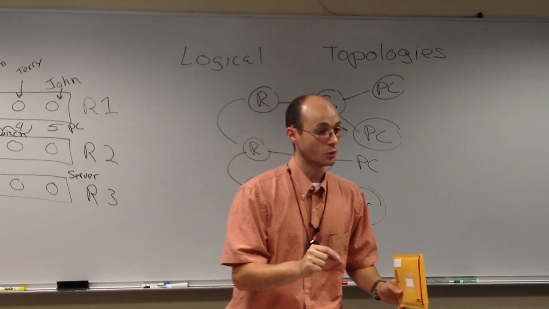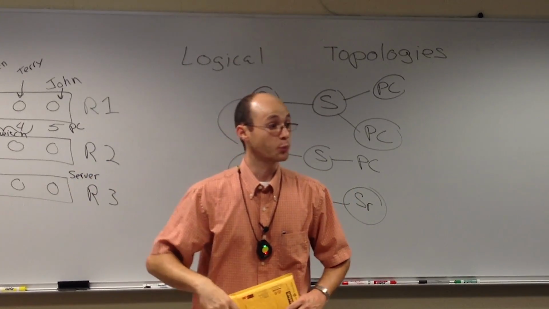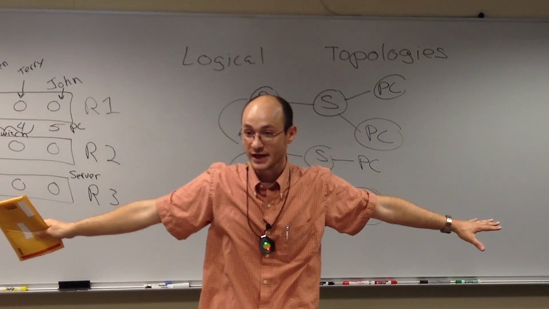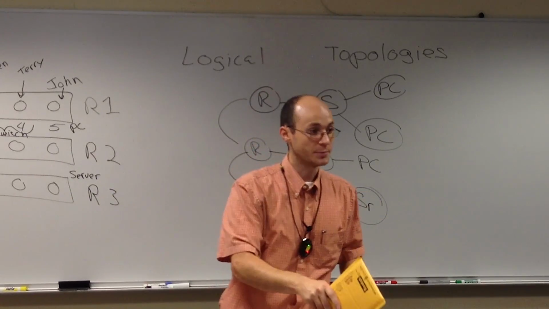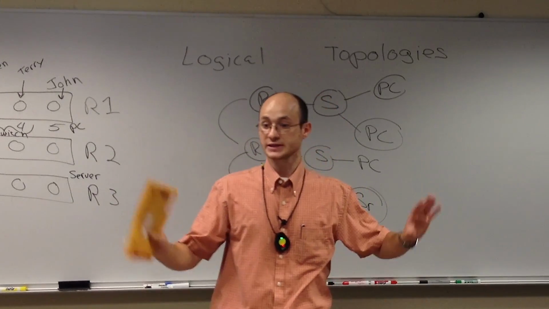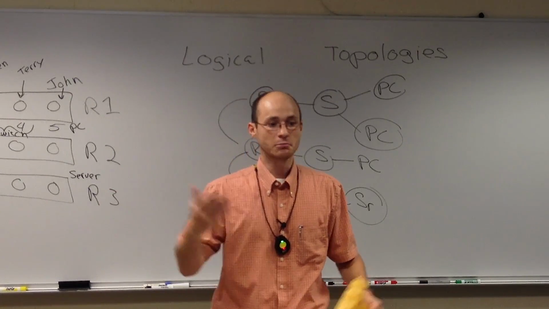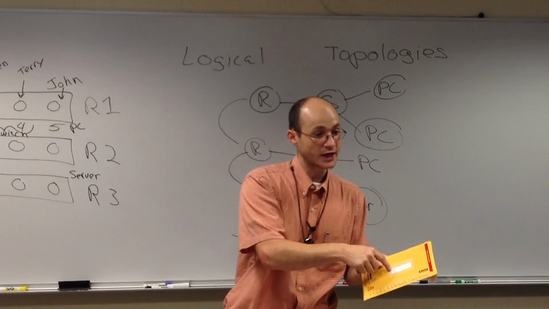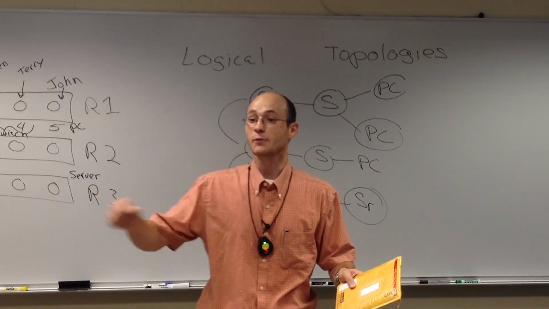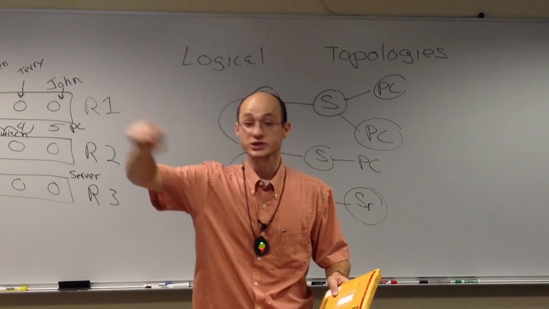If it doesn't know where that gateway is plugged into, it's going to broadcast an ARP request again. And then the people that aren't routers are going to say, that's not me, ignore the message. And the port that has data coming in on it must be the router. And now you're going to map that physical address to the port that that router's plugged into. Translation, now you know who to send it to.